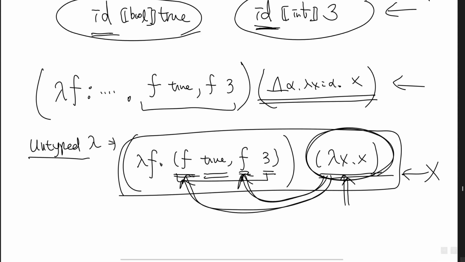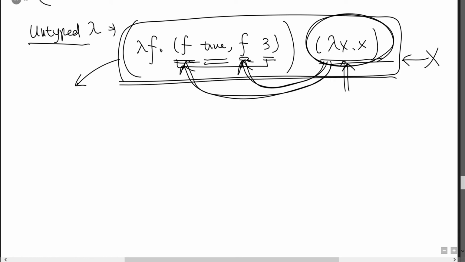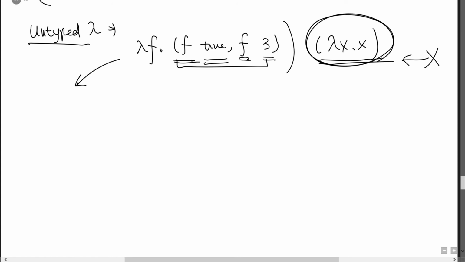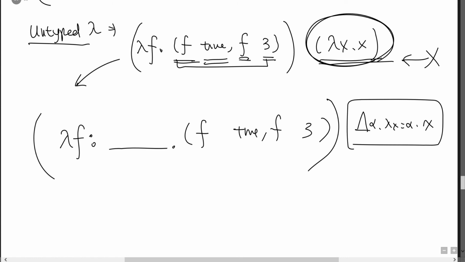So let's see why. Let me try to rewrite this example in the syntax of predicative polymorphic lambda calculus. So you have lambda f of some type, and then we are going to apply f to true and f to 3, and then we apply the whole function to this polymorphic identity function for alpha, lambda x alpha dot x.